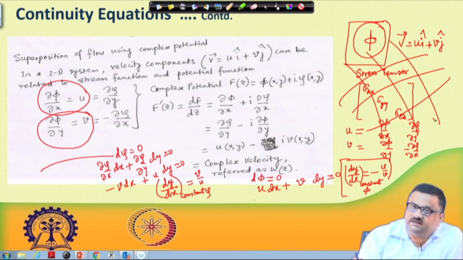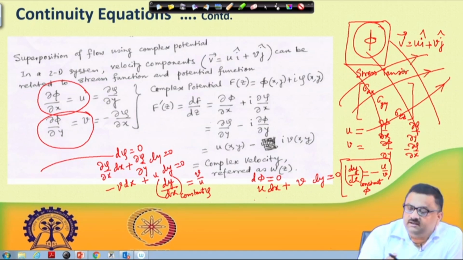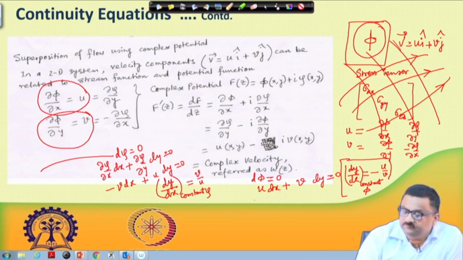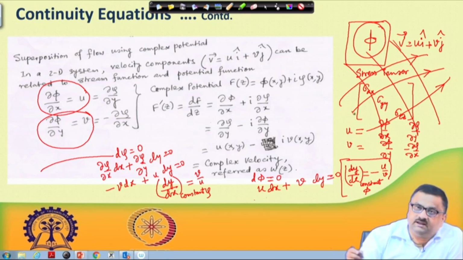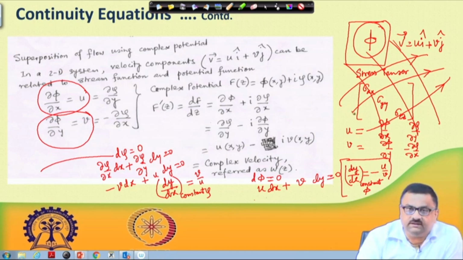In fact, this makes perfect sense, because if these are the streamlines, let us say flow is taking place in this direction, then there must be a pressure gradient existing in this direction. So, the pressure here and pressure here are changing. These are potential lines, which for most purposes are the isobaric lines. So, streamlines and potential lines are perpendicular to each other. This is something we are supposed to know at this time.